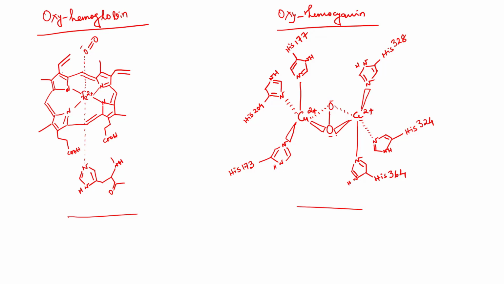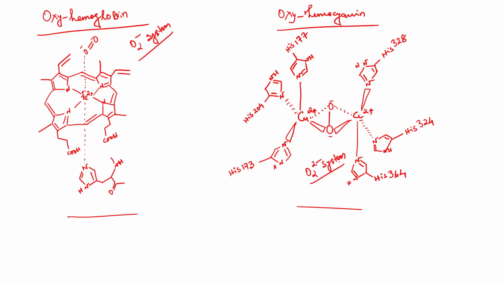Thus, in oxyhemoglobin, the oxygen molecule is present as an O2 minus system, and in oxyhemocyanin, the oxygen molecule is present as an O2 2 minus system.